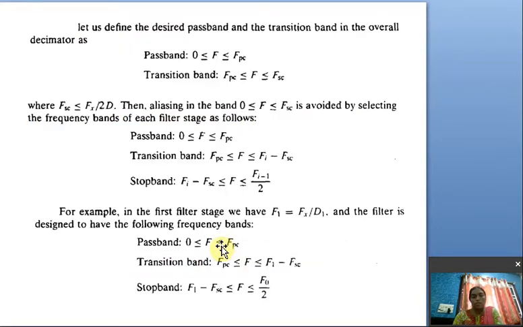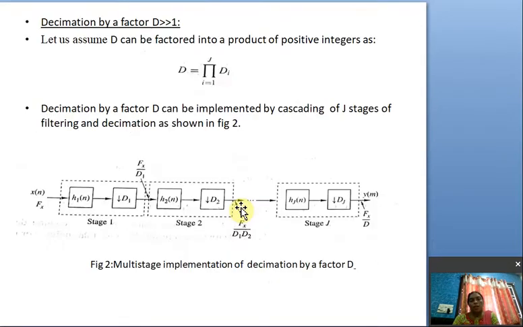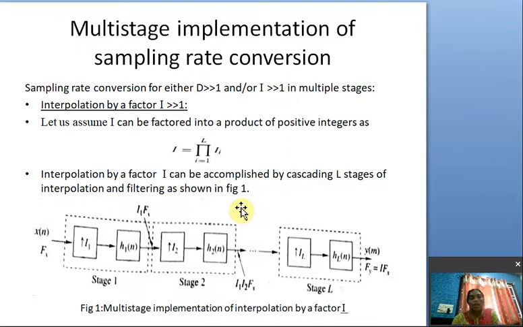Then you define the passband and the transition band: what the decimator passband and transition band would be, and then the interpolation passband, transition band and stopband. In this way you have to take the conditions, and then you can get the multi-stage implementation of sampling rate conversion. Okay, thank you.